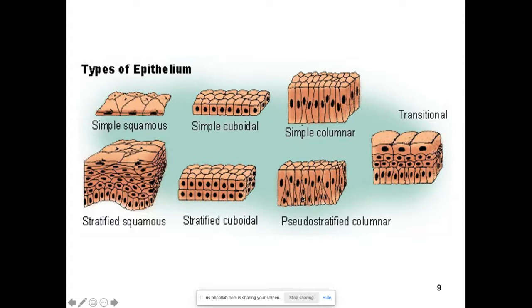Because they're found at multiple levels, it gives the illusion that it's stratified, but pseudo means false, so it's a false stratified columnar. These are still columnar cells, but it's still one layer. It's not one on top of the other, okay? Typically, where you see pseudo-stratified columnar, there are also going to be cilia.